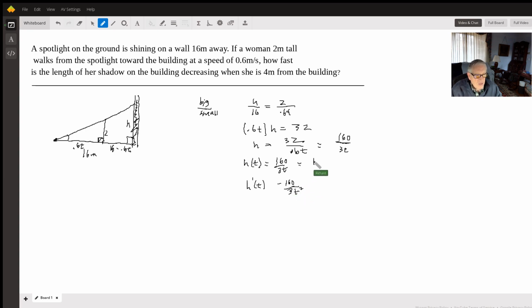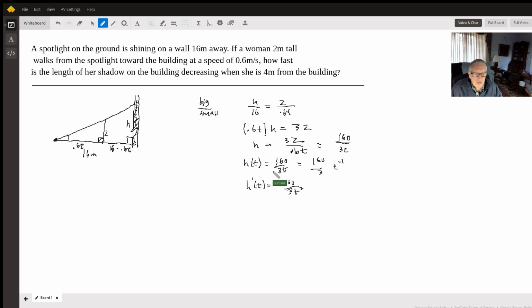We can write this as 160 over 3 times t to the negative 1. That's where you're getting this negative in front and t squared in the bottom. So that's how fast the height of the shadow is decreasing. The negative is important. It's consistent with the idea of the height getting smaller.